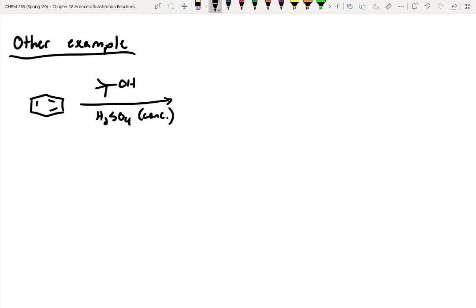Well, what do you think will happen? Well, we could protonate this alcohol here, right? At which point it would be a good leaving group. It could fall off, give us the same carbocation, and this reaction could work. So this reaction also works with alcohols, which is kind of neat.